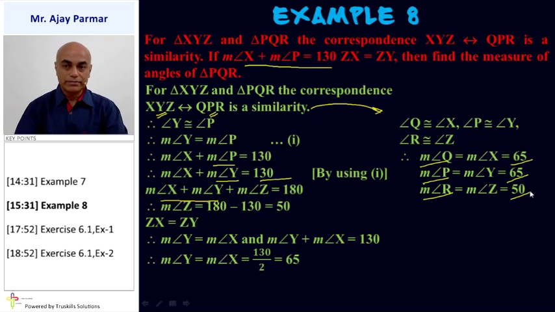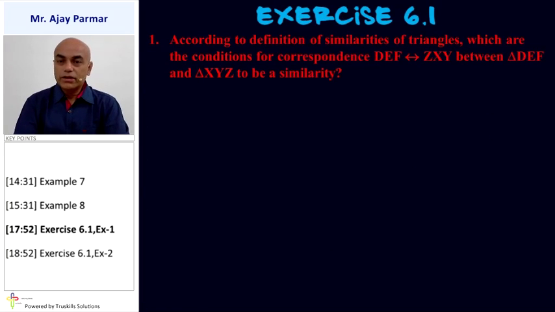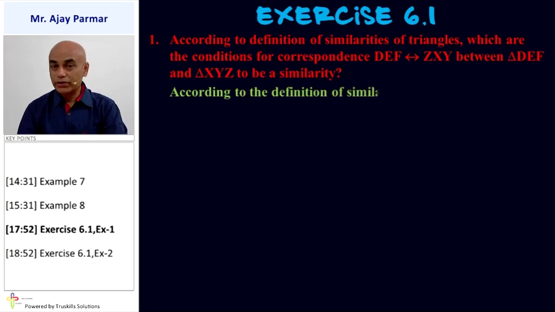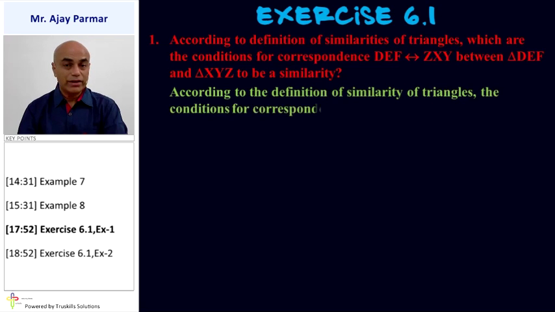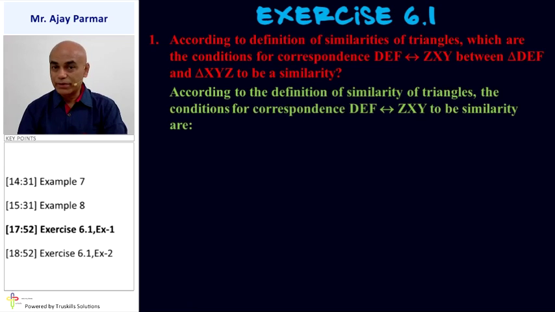According to the definition of similarity of triangles, which conditions should hold for the correspondence DEF to ZXY to be a similarity? So, according to the definition, we know that the angles have to be congruent and the sides have to be proportional.